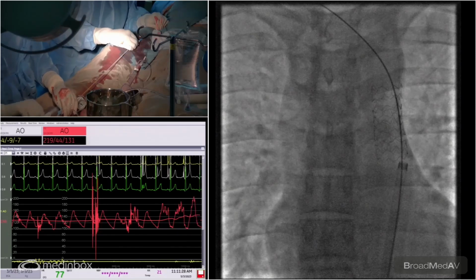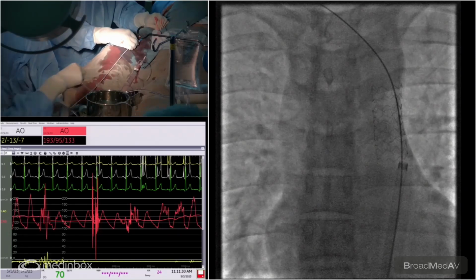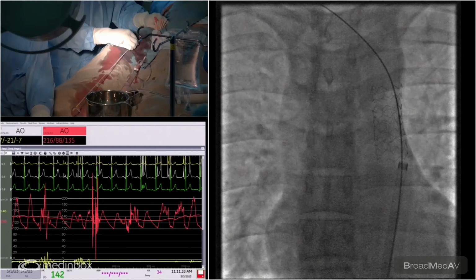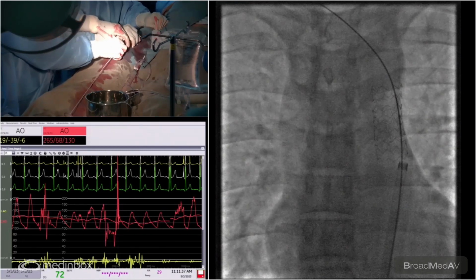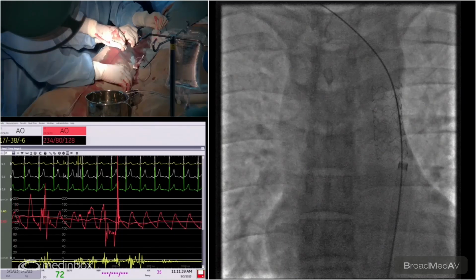So the balloon is coming out. We can use the same marker pigtail so that we can make some measurements.